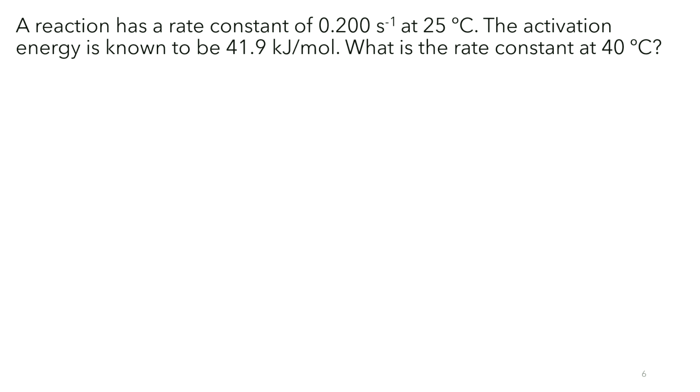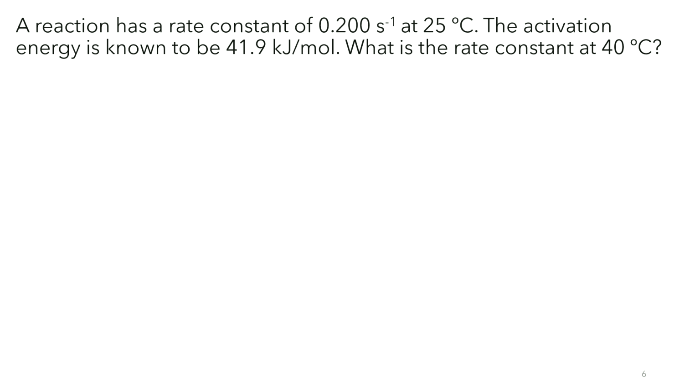So this should be ringing in your head: rate constant as a function of temperature. Arrhenius hopefully is coming to mind, because that's how k depends on T. But then you're like, oh, I don't have an A here. There's no mention of the frequency factor.